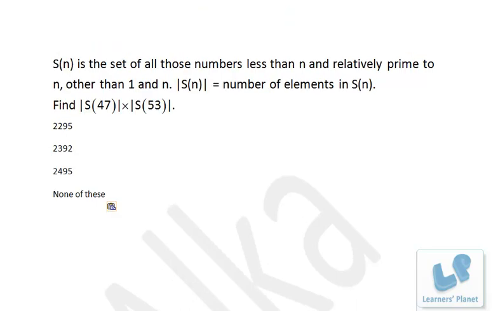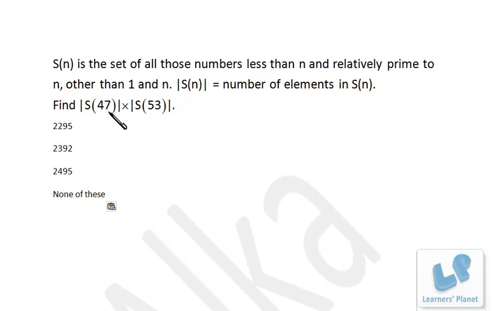Now, this question: Sn is the set of all those numbers which are less than n and relatively prime to n, other than 1 and n. Sn is equal to the number of elements in Sn. We have to find S47 times S53. Pretty simple. 47 and 53, both of them are prime numbers.